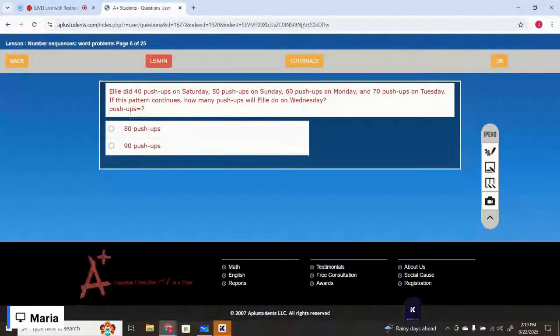Monday and 70 push-ups on Tuesday. If the pattern continues, how many push-ups will they do on Wednesday? So, which is the correct option?